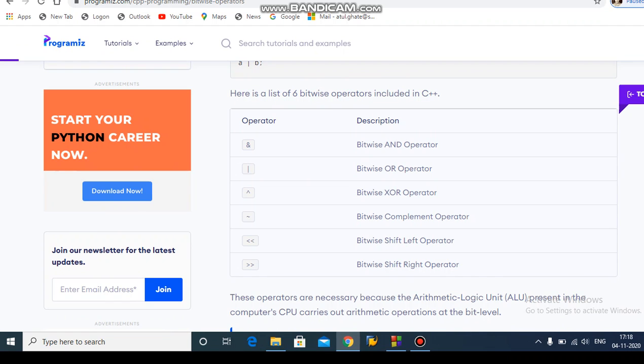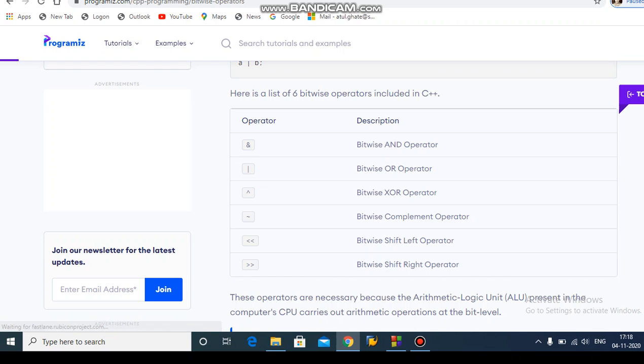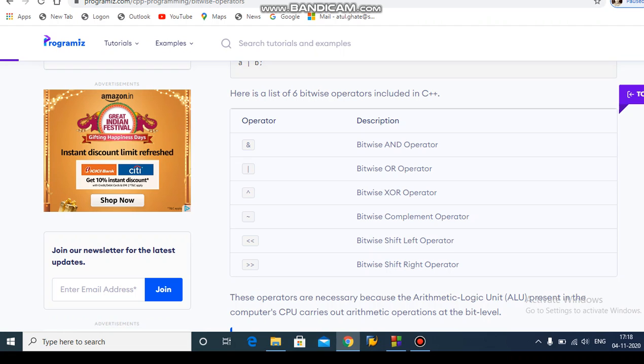So first is the bitwise AND operator. This is the single operator, and it is also called the bitwise AND operator. Please listen carefully and write down the bitwise operators. From an exam point of view, bitwise operators are very important, and a little bit difficult also.